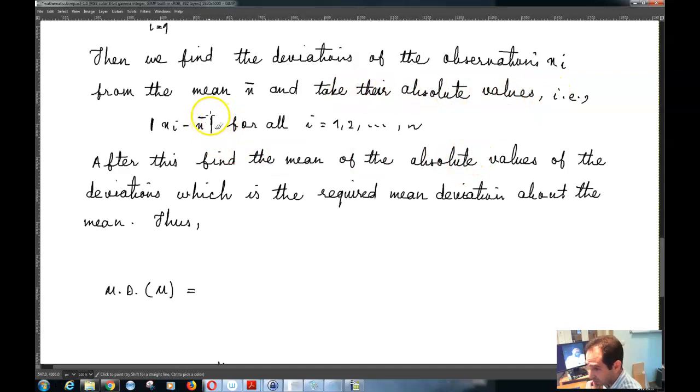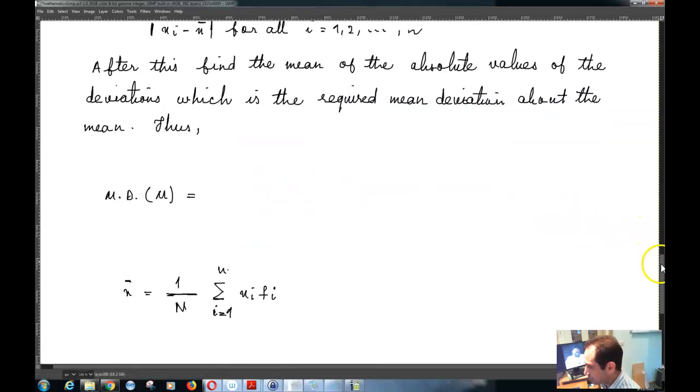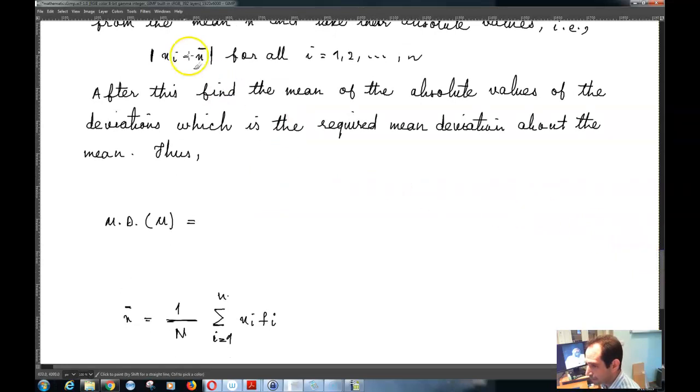That means I need to find the absolute value of x of i minus x bar, so I have to calculate the sum of the absolute value of x of i minus x bar as i goes from 1 to n, and then find the mean of the absolute values of the deviations, which is the required mean deviation. So I just divide this by n.